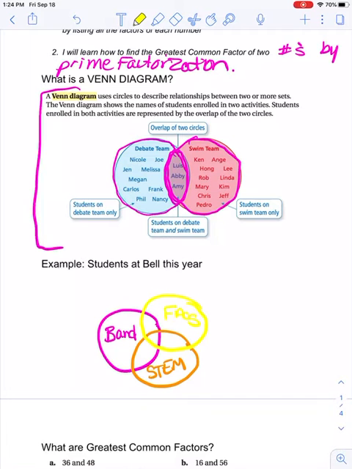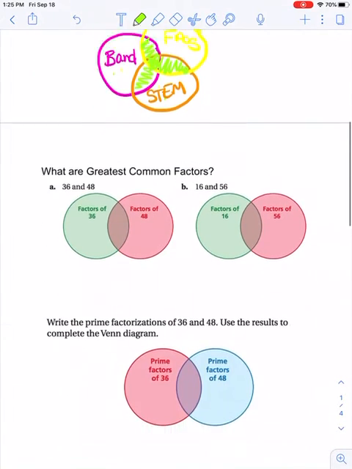So it's possible that we could have some kids that have both band and STEM. Okay, I'm going to change my color here to green, and they could be these kids in here. So some kids could have both band and STEM as their elective. Some kids could have both FACS and band as their elective. And some kids could have STEM or engineering and FACS as their elective. So this would be a way that we would use a Venn diagram in real life at our school.